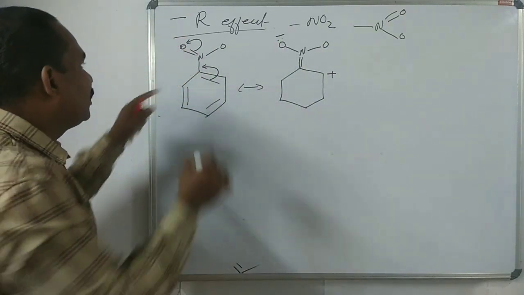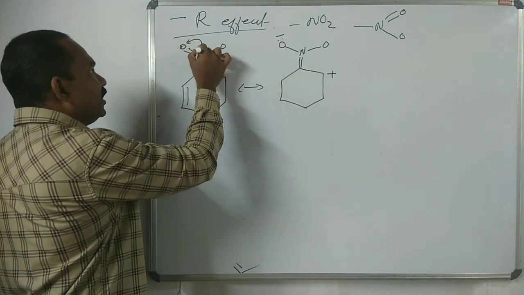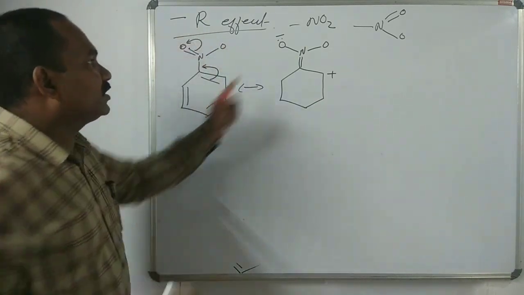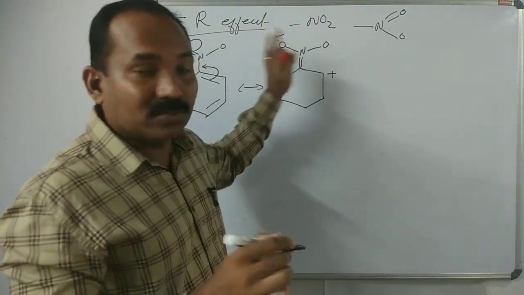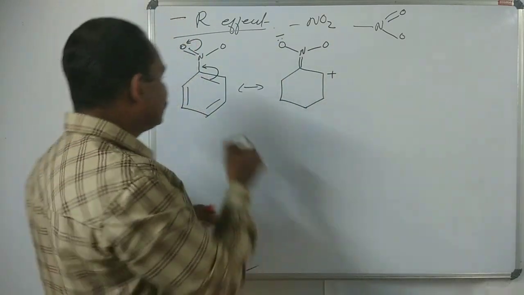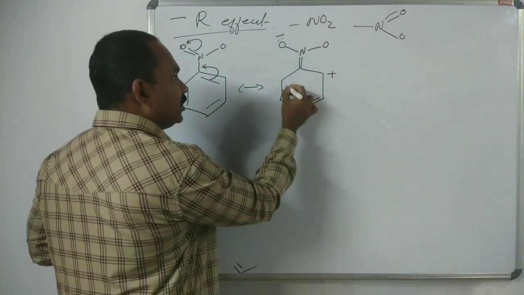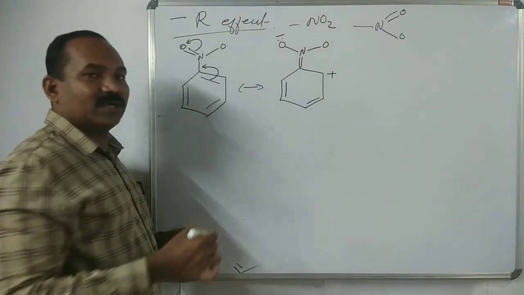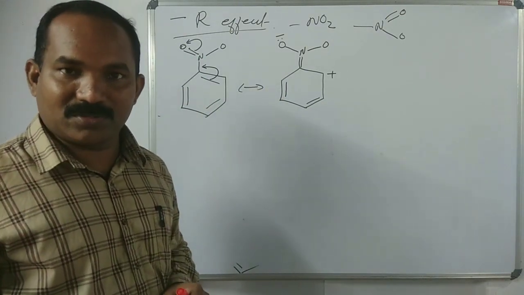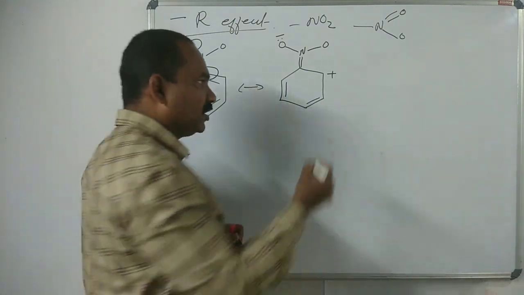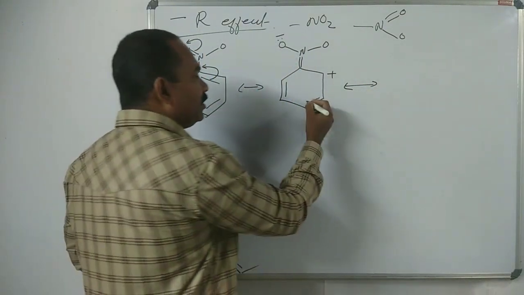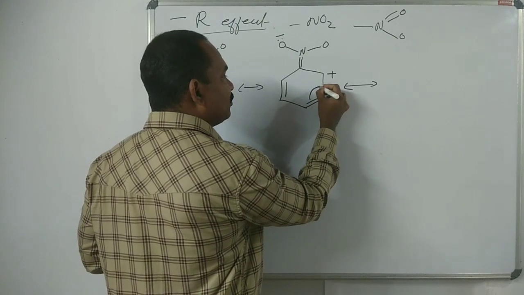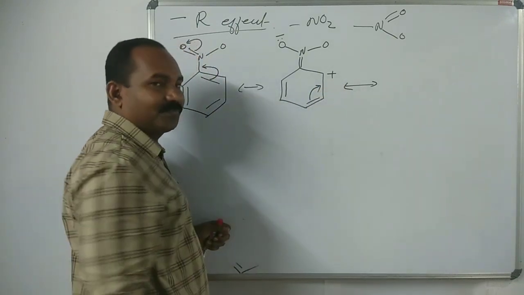As you know, the pi electron pair is shifted to the oxygen atom, so that oxygen becomes negative. The total molecule is neutral, with a negative charge and a positive charge. The other two pi bonds are there. The next possibility, this pi bond is shifted in between these two carbon atoms.